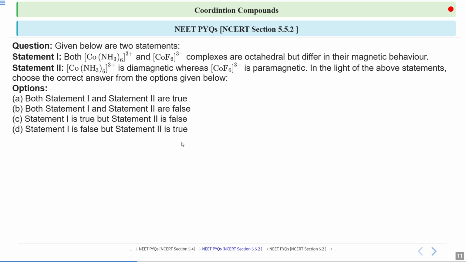So you have been given these 4 options, and you have to tell which option is the correct one according to statement 1 and statement 2, right? So you are given some time. Try to solve this question, and then we will see the correct answer.